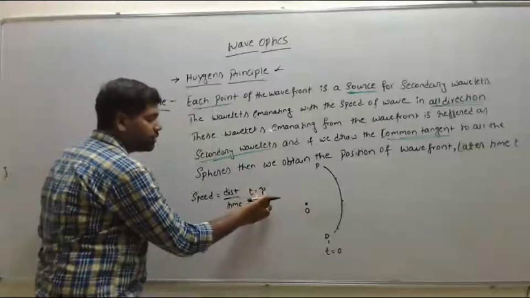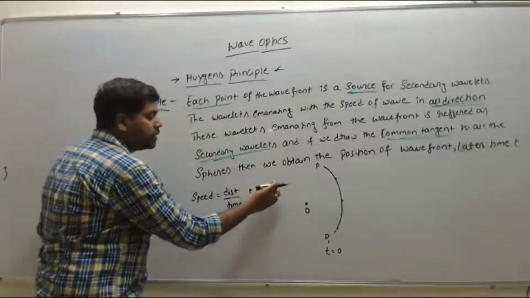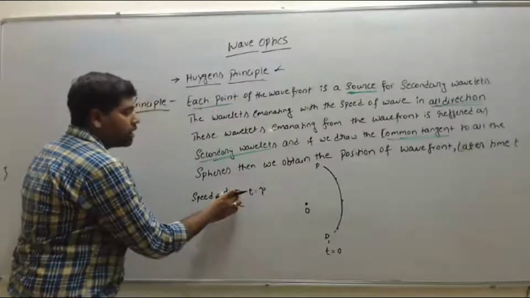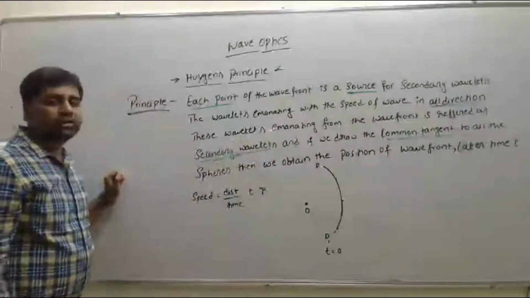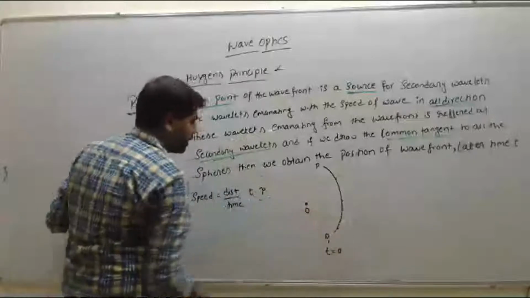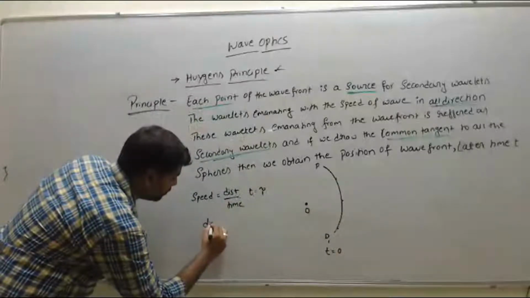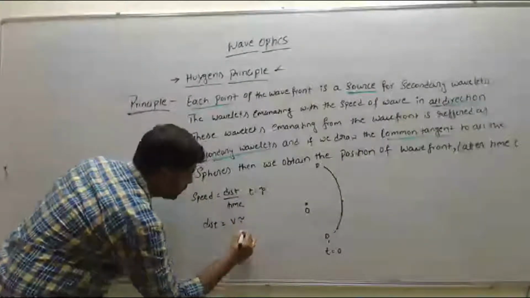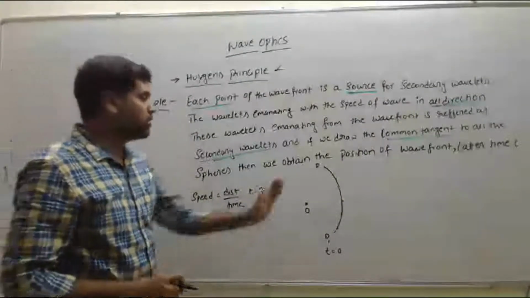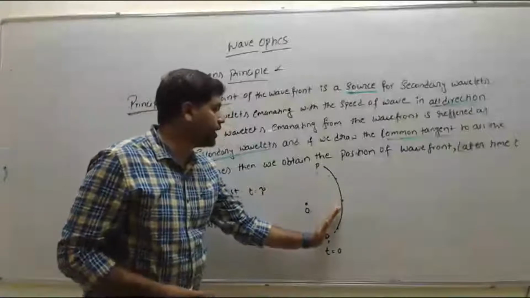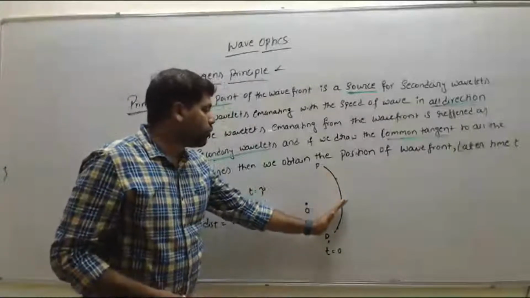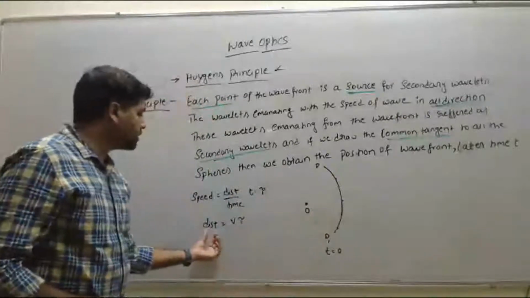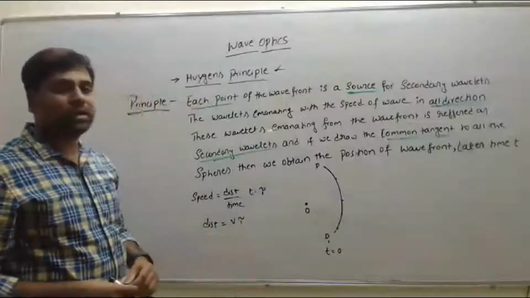So when time passes, for this time we have to find at what distance the position of this wavefront changes. That is, distance is equal to speed v times t, that is tau. All the points travel with the speed v. Then the distance is v into t.